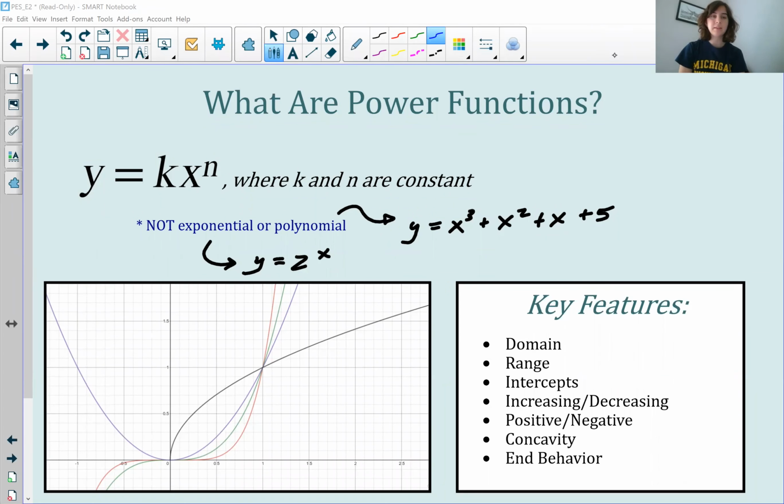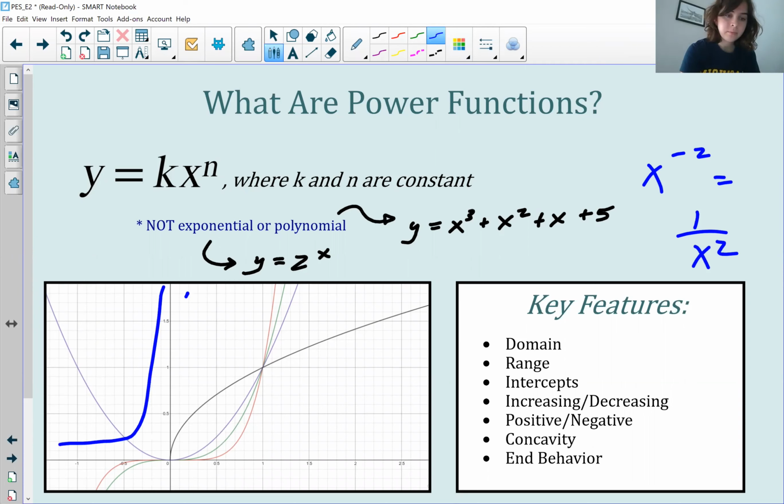So if n is an even negative number, if we have x to the negative 2, we can flip that, and that's 1 over x squared. And that just has symmetry over the y-axis. So I can kind of draw it here. That's what that looks like.